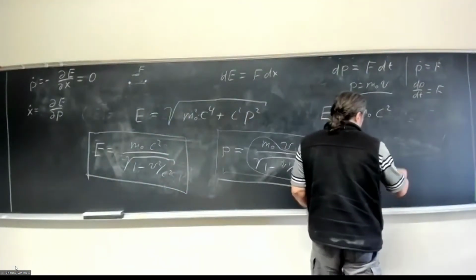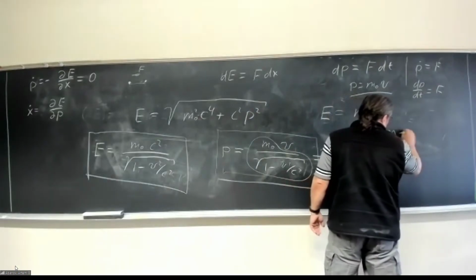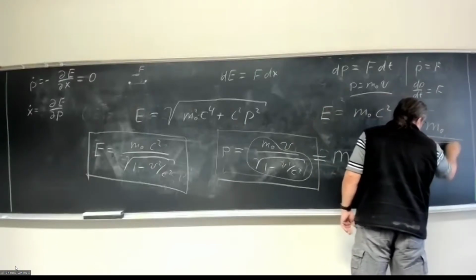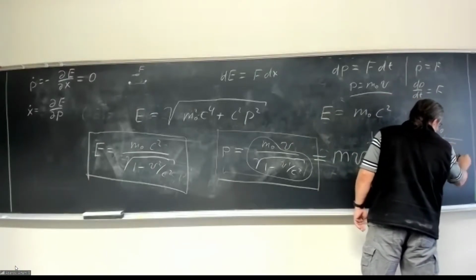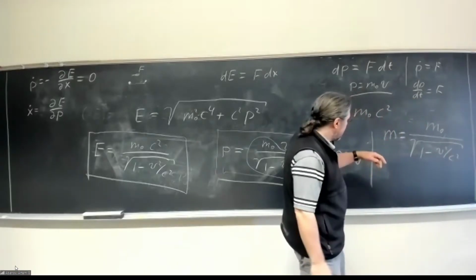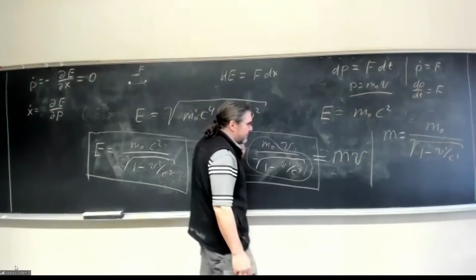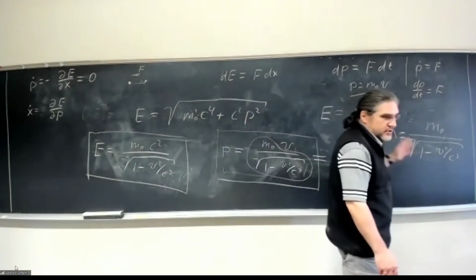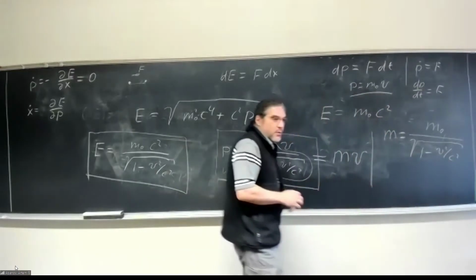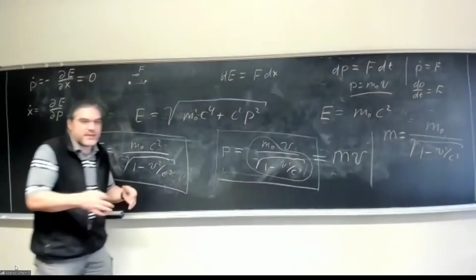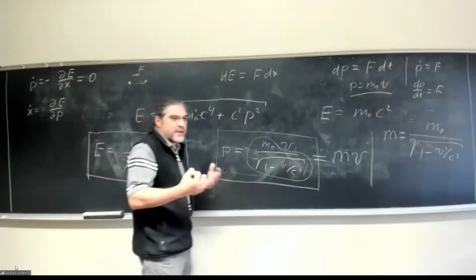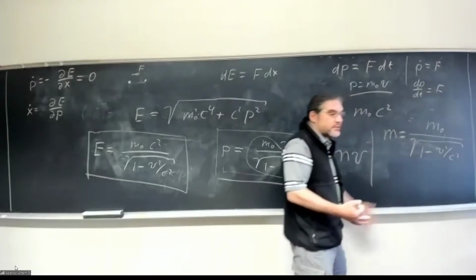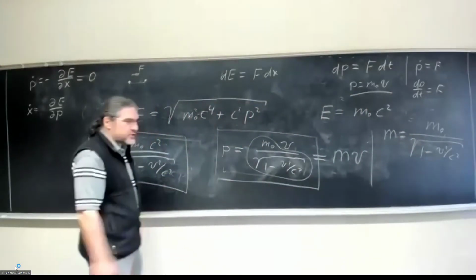And what I will find is that this mass equals rest mass divided by the square root of 1 minus v squared divided by c squared. So momentum is going to infinity when velocity approaches the speed of light because mass is divergent, right? When I try to move things faster and faster, they look to me more and more massive. That's what this interpretation tells me. But this is just an interpretation.